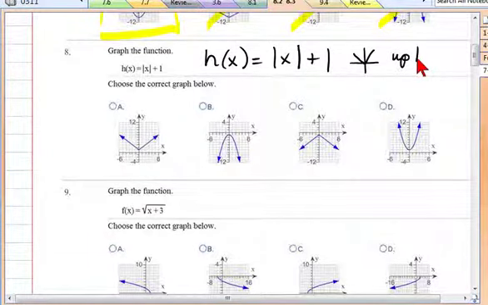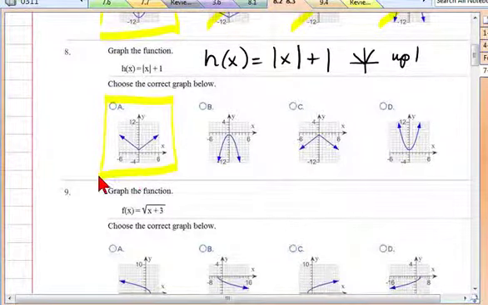So I am looking for a V that is shifted up 1 block. As you look at all of these, which one is correct? Do y'all agree it's A? D would be x squared plus 1, not absolute value of x plus 1. And these other two have been flipped over.